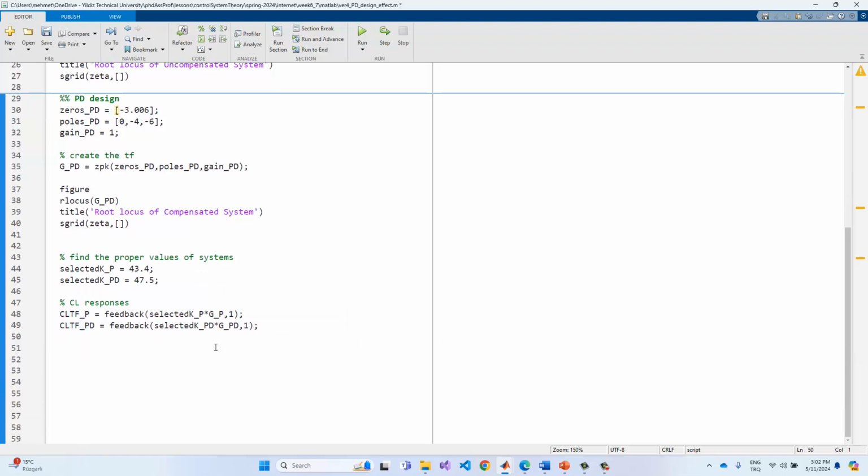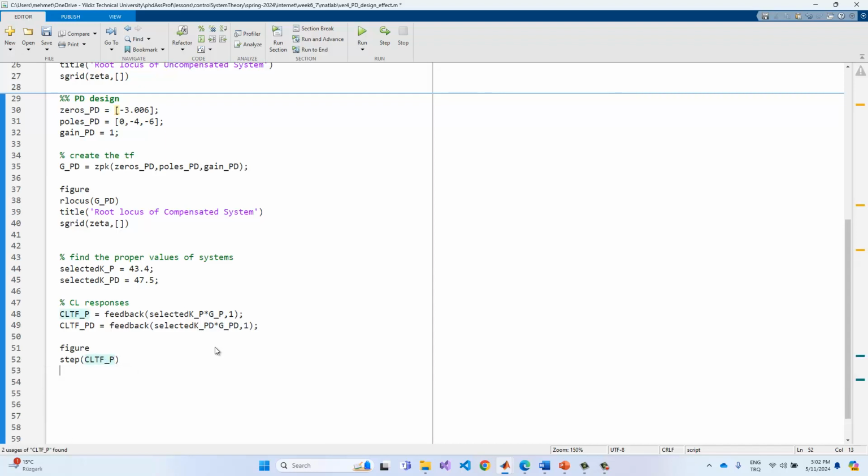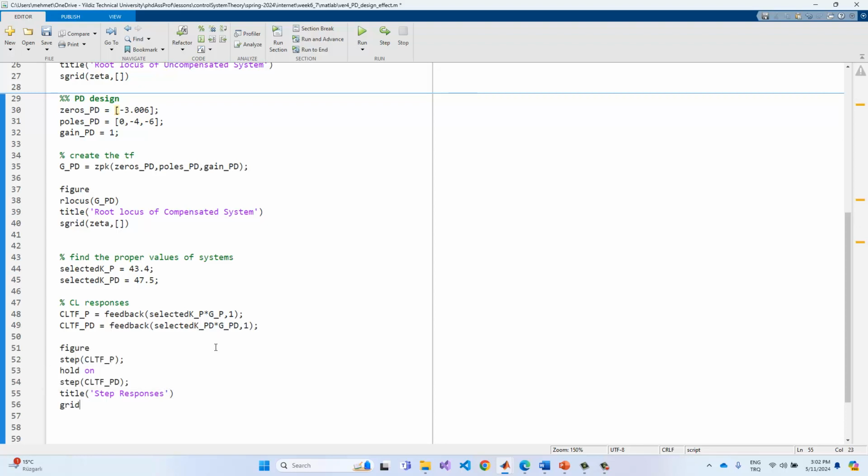And also the figure: step CLTF P, hold on, and step CLTF PD, title step responses, okay? Grid on, and the legend is the uncompensated system and the compensated system, okay?